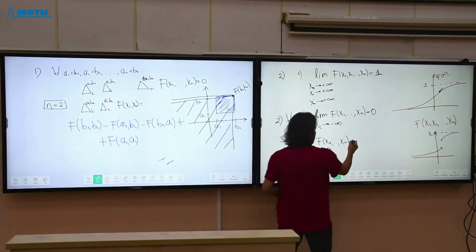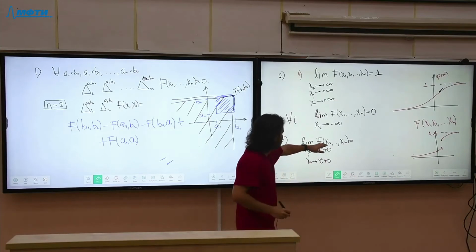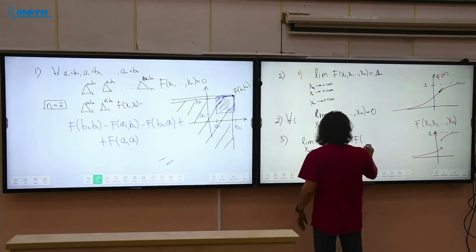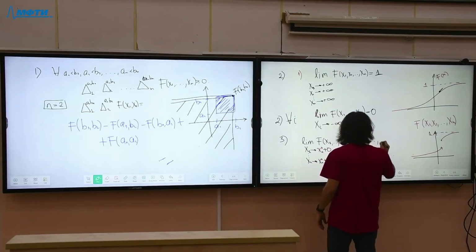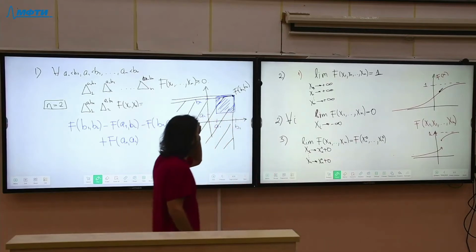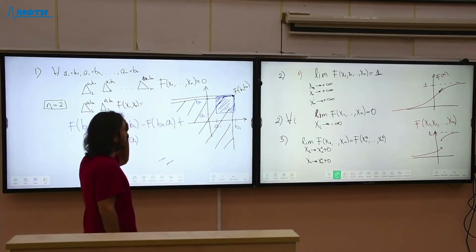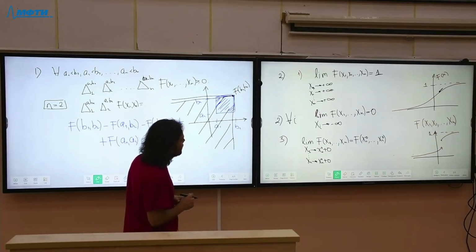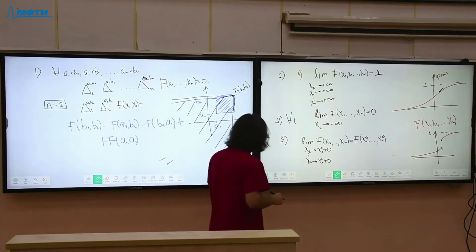This is just the value of the function on these points, because this function is continuous from the right. And that's it. These are the properties of the CDF in the n-dimensional case.